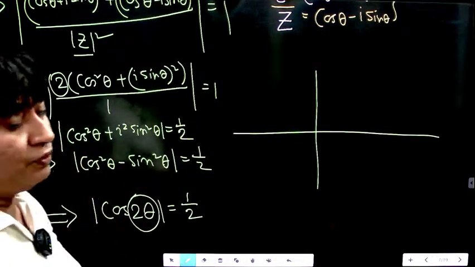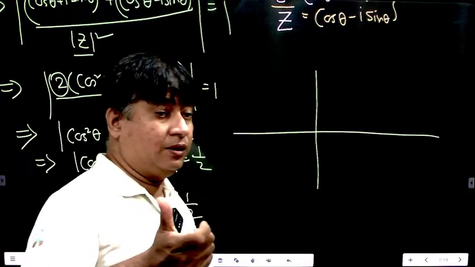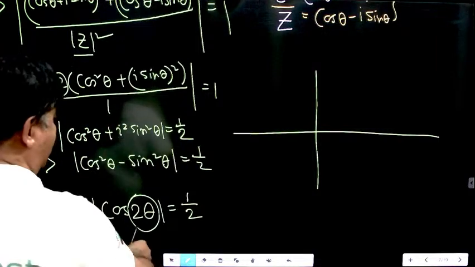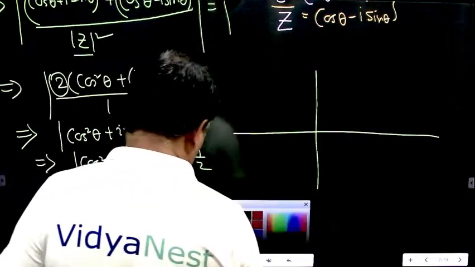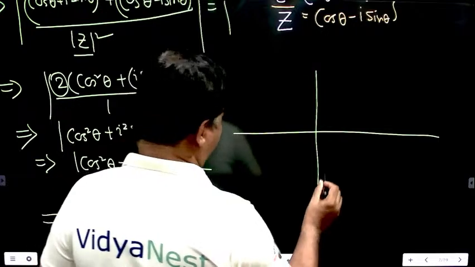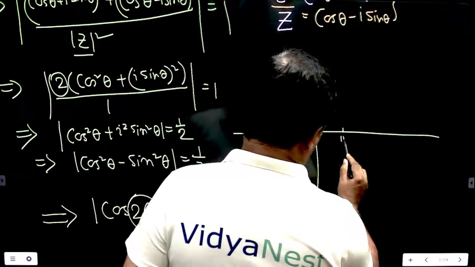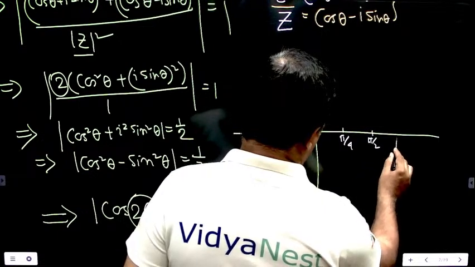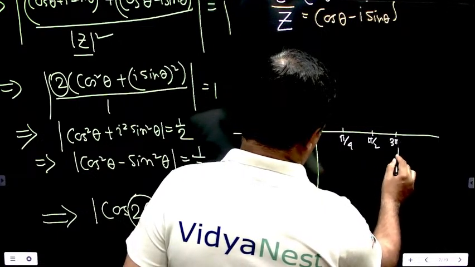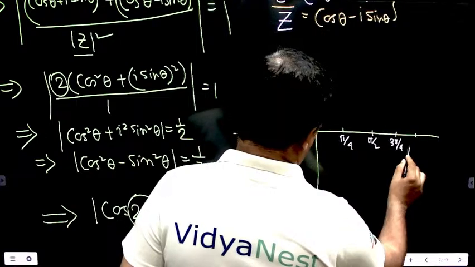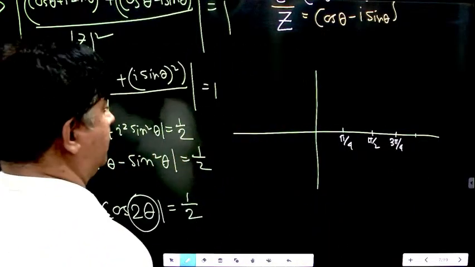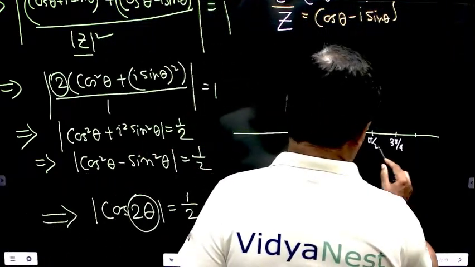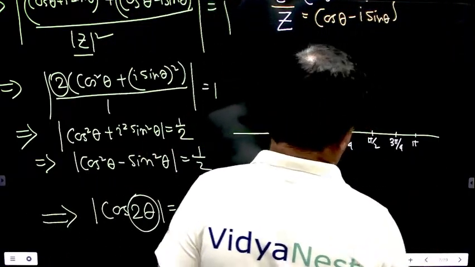So you have to take the angle with a width of pi by 4, not pi by 2, because 2 into pi by 4 will give you pi by 2. Pi by 4, pi by 2, 3 pi by 4, pi, and so on.